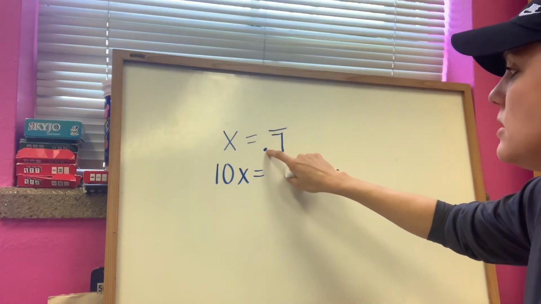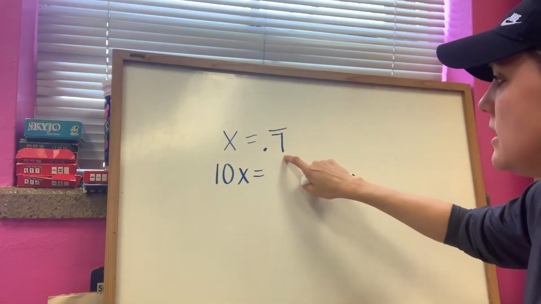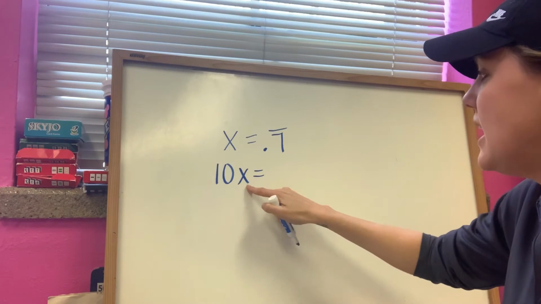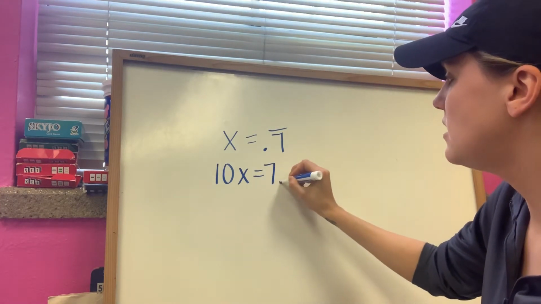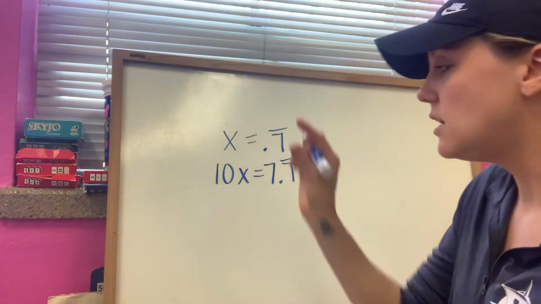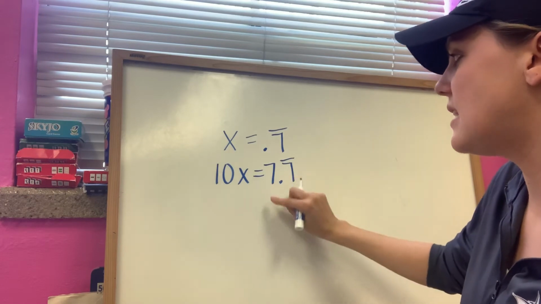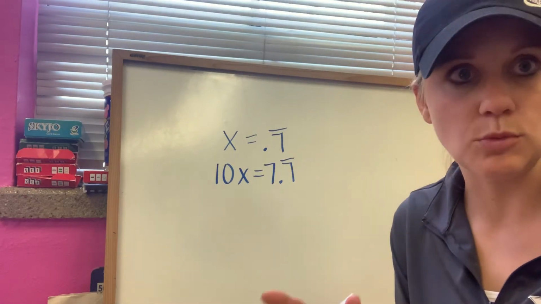And remember, when we multiply it by 10, we can simply move our decimal one spot to the right, okay? So 10x would be 7.7 repeating. Does that make sense? 1x is 0.7 repeating. 10x is 7.7 repeating. We just move the decimal once.